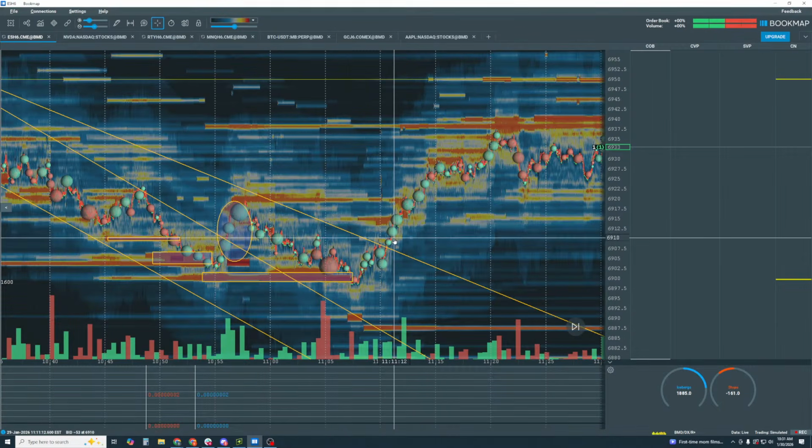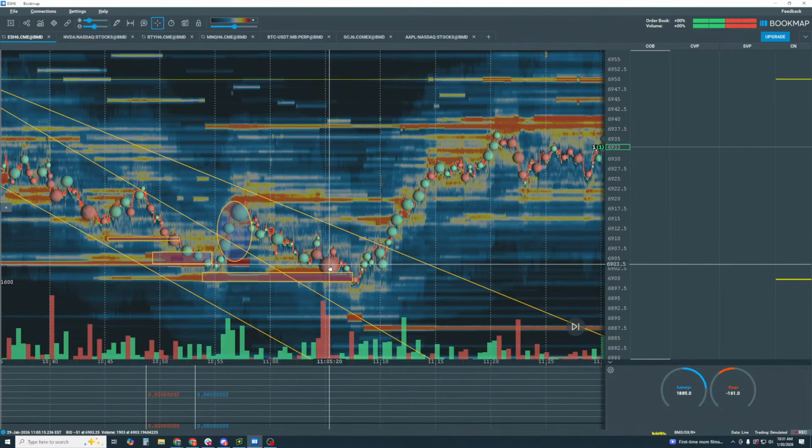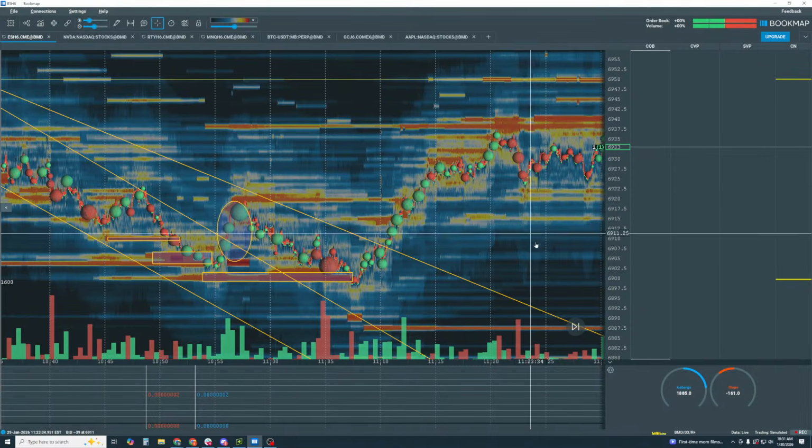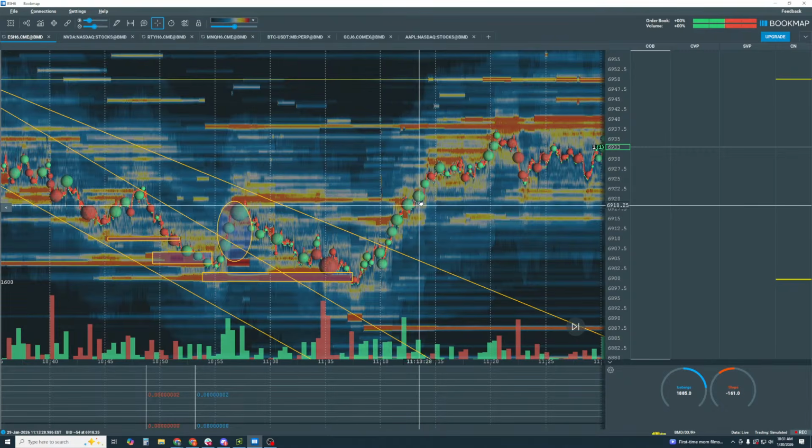There's no more selling anymore. There's more buying, and any sellers that are in here are going to be buying anyway on the way back up. Does that make sense to you guys? Putting that again as context, this move in here we're putting into the context of what's over here.